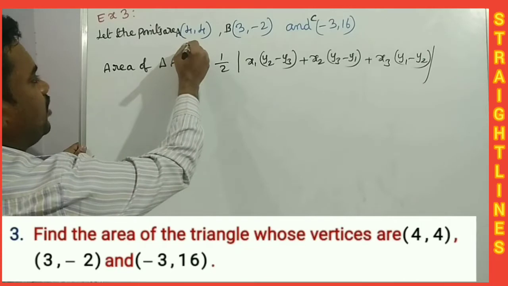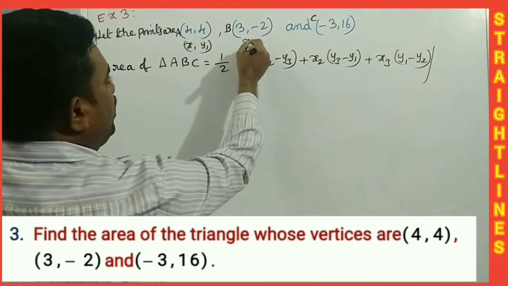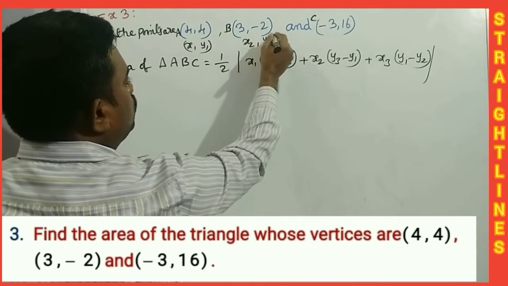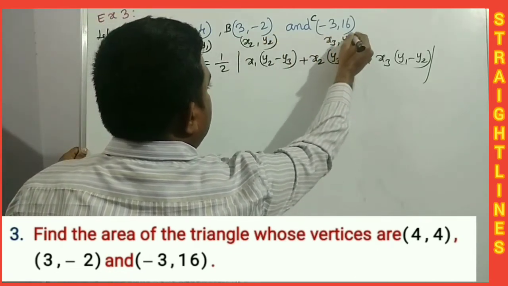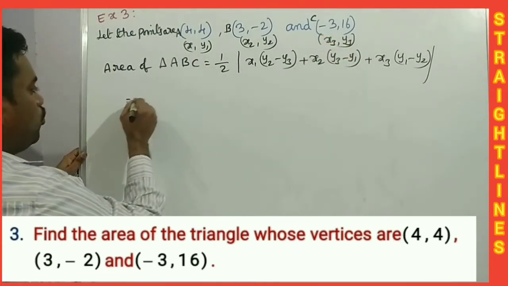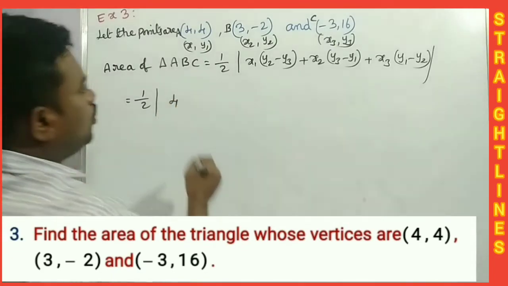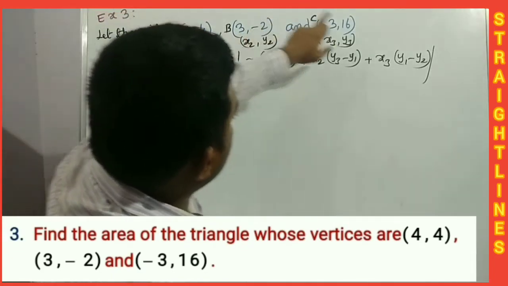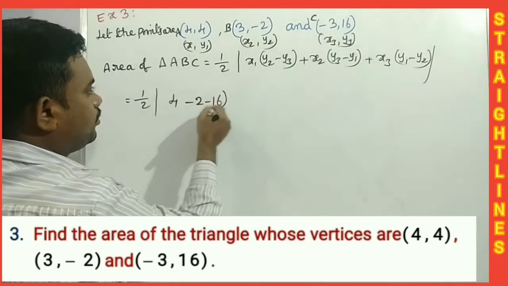Now this is x1, y1, x2, y2, x3, y3. It is equal to 1 by 2 into, what is the x1 value? 4 into (minus 2 minus 16).